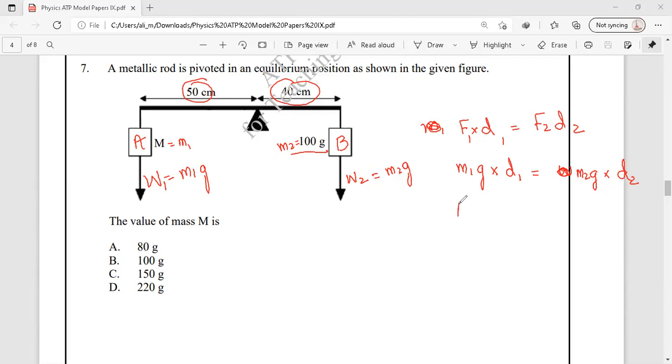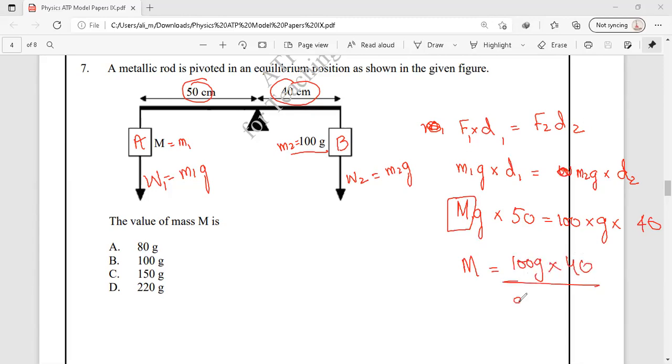M1G times D1, that is 50, equals M2, which is 100 gram, times G times the distance 40. So for finding the value, M will be equal to 100G multiplied by 40 divided by G multiplied by 50.